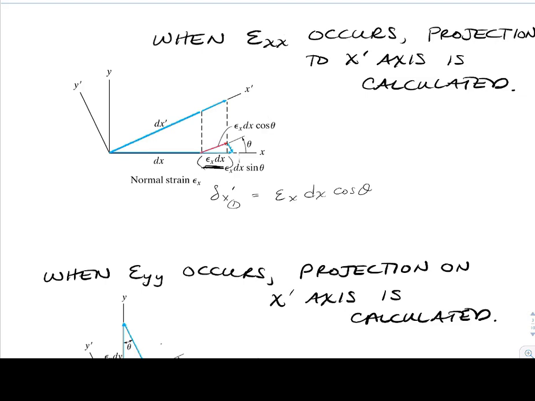So in the x prime direction, we'd have epsilon x dx times cosine theta. We'd also have another one in the y prime direction that we'll keep track of, which is epsilon x dx sine theta. We're just going to track that.